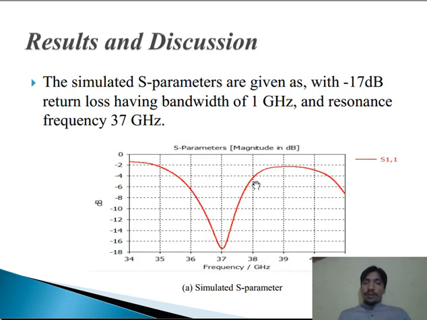This is the S parameter of the single element, and its resonant frequency is 37 GHz that I have discussed in the achievements. The maximum reflection coefficient at the resonant frequency is about minus 17 dB.